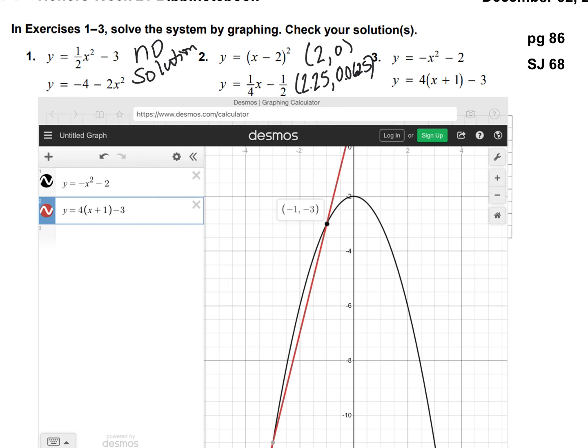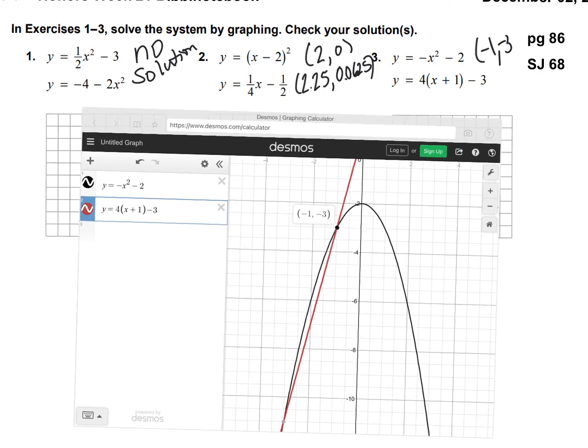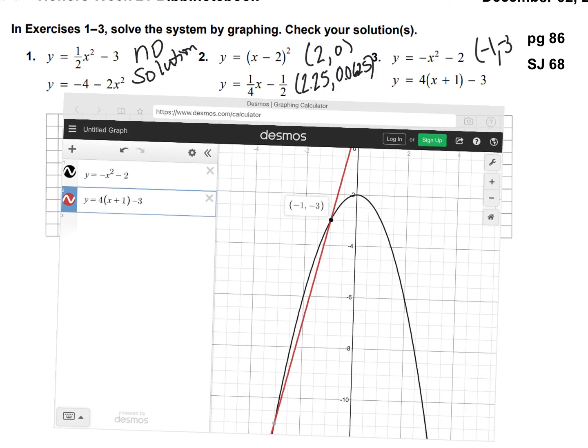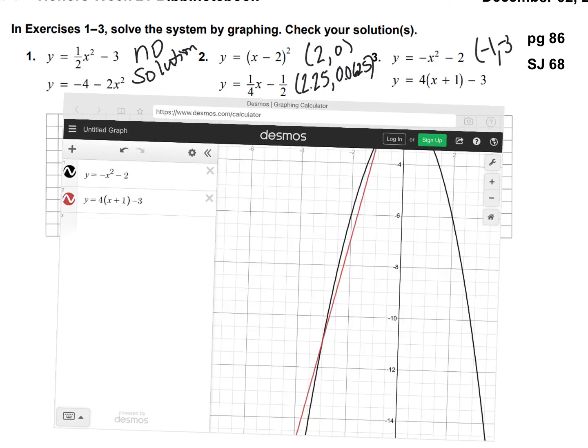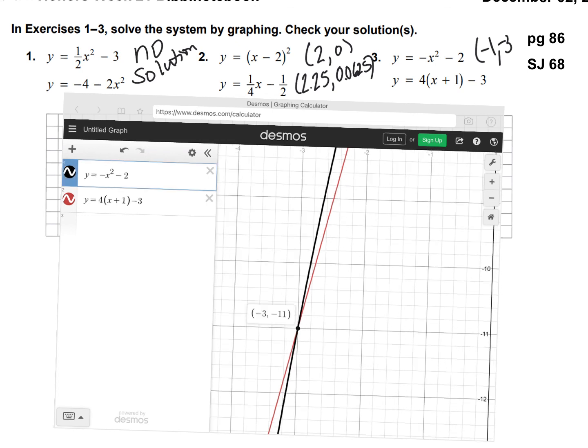Negative 1, negative 3. So negative 3, negative 11.